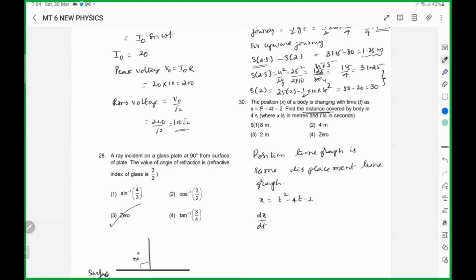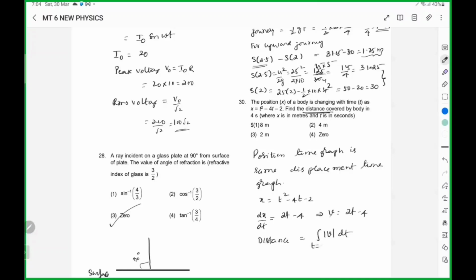What you do is differentiate it, you get velocity, because position time is the same as displacement time. This implies velocity. So how do you get distance? By integrating speed. This is velocity. Speed means mod v dt.